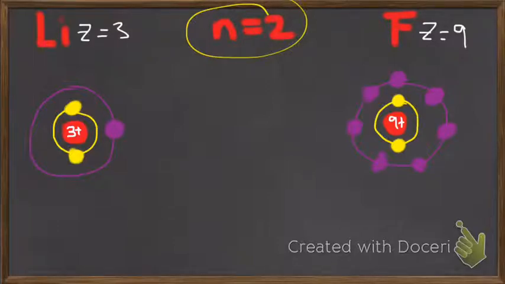So I said that I drew these roughly the same distance, and so you would think they're going to have the same overall atomic radius, but that's not true. I purposely misled you there, because we need to figure out what's called Z effective. So what is Z effective?